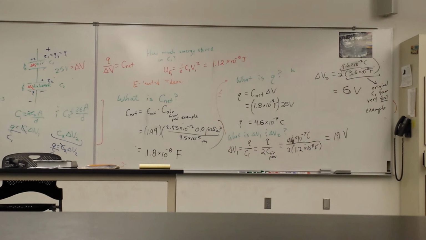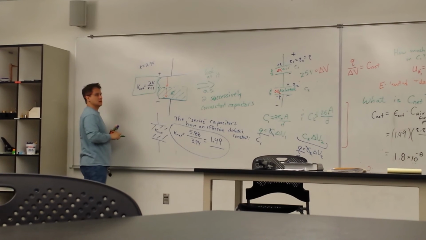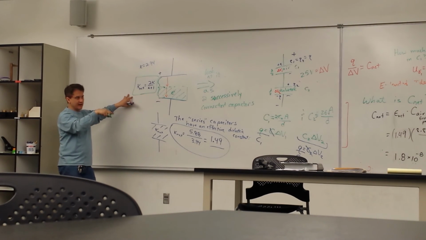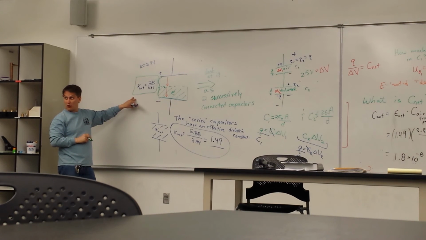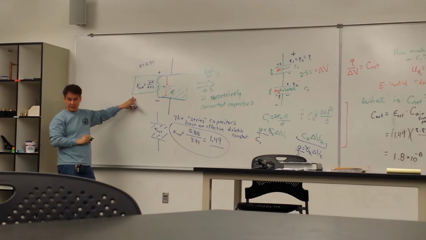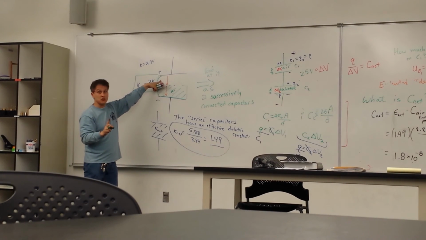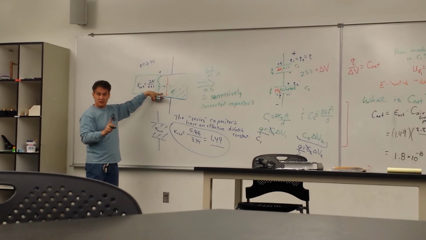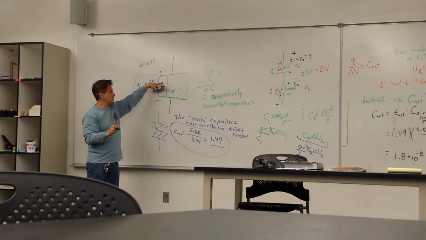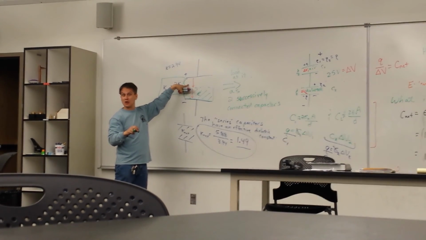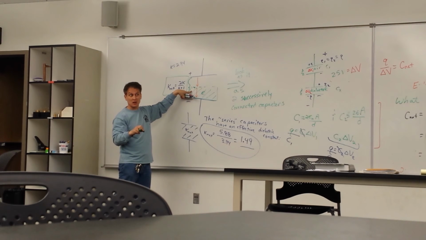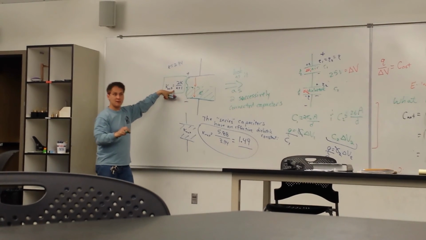Now, one thing I will say, do not write this down and save it unless you understand. I mean, write it down because it's the problem that we solved, but do not write this down on your note card as a particular equation, because the only assumption was that this was air and this was something else. If this were a dielectric constant of 3, and this were a dielectric constant of 4, this would not be valid.